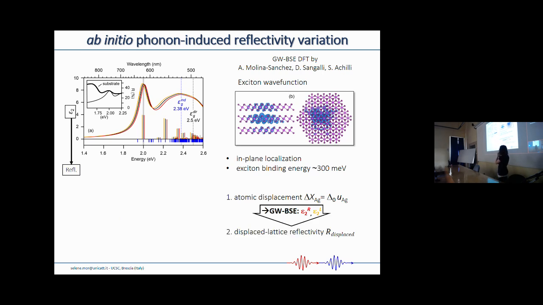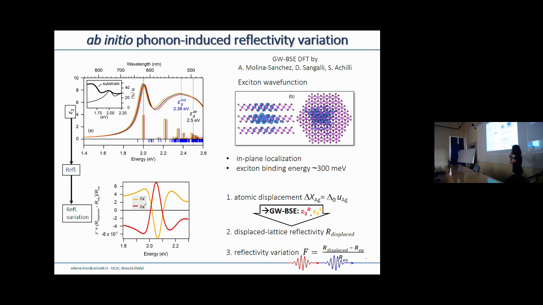Of course, having the dielectric function, you can get the reflectance with this displaced lattice. And from that, they calculated the so-called reflectivity variation, which can then be compared to our transient reflectivity, or at least the coherent part of it.